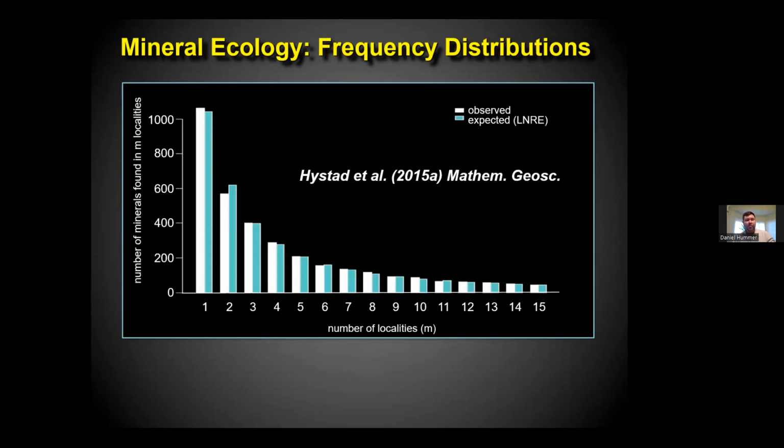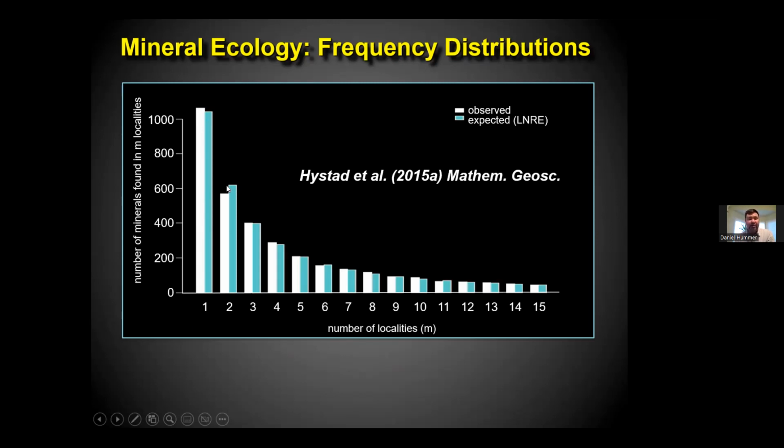So here I'm showing you a graph. On the vertical axis is the number of minerals that are found in a particular locality, and on the horizontal axis is the number of localities. In other words, the way to read this, and this was published in Mathematical Geoscience several years back, is that there are over 1,000 minerals shown in this first bar that occur at only one location on Earth.